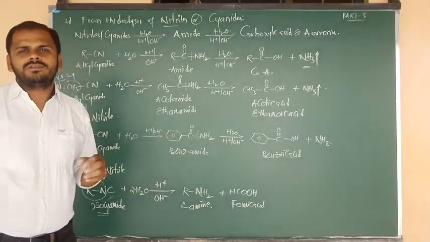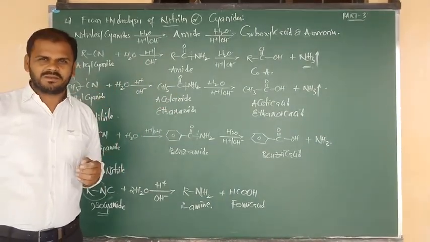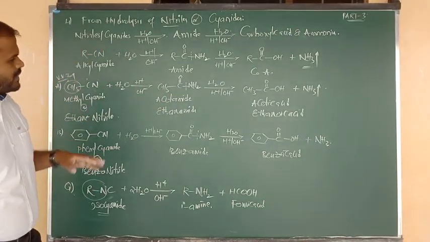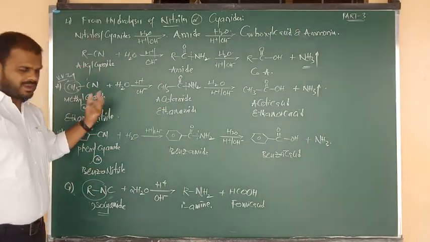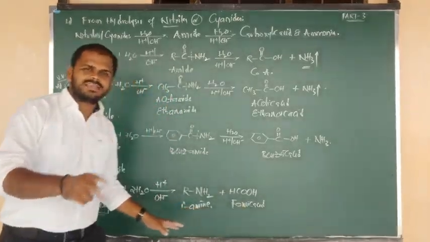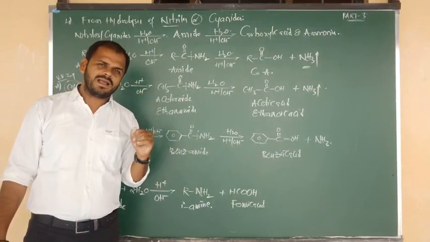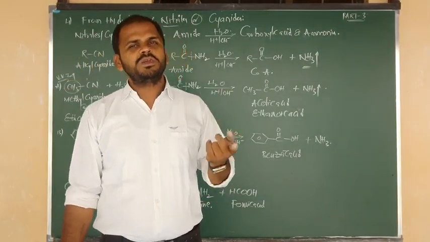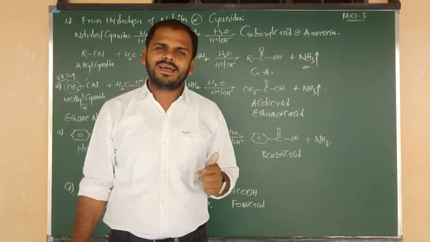Then only you can solve the bits in objective exams. Okay, na beta? Good. So this is the fourth method of preparation using nitriles, cyanides. But by using isocyanide, we can prepare only formic acid and you will get the primary amines. And remaining 2 methods are there. The 2 methods you will continue in tomorrow's class. Okay, na beta? Right.